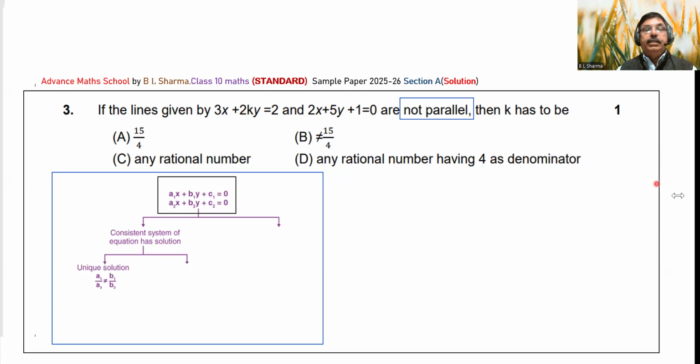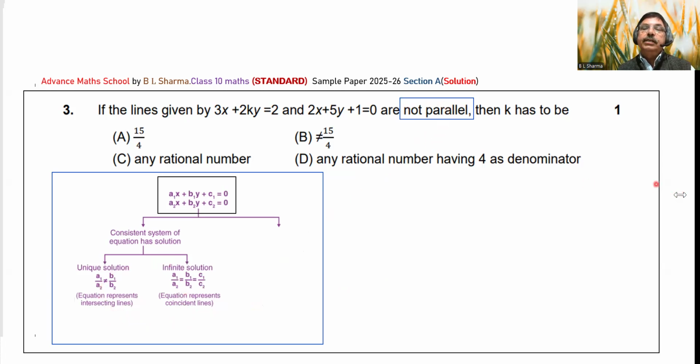If there are infinitely many solutions, then a1/a2 = b1/b2 = c1/c2. Then the equations represent coincident lines, or intersecting lines.